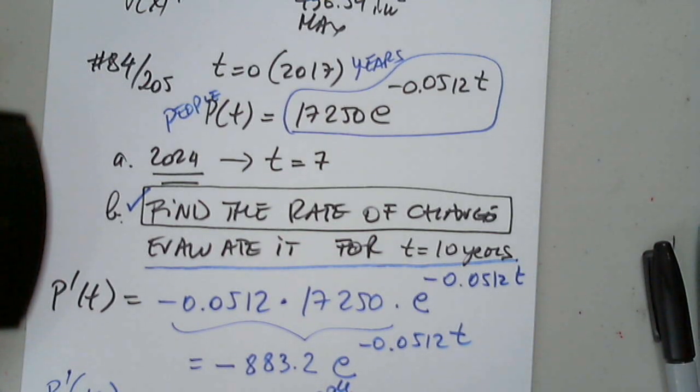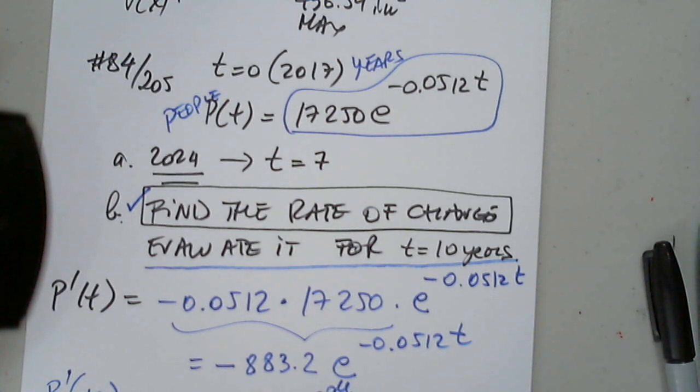So in y equals, clear. Let's put the function first. 17,250 e to the power negative 0.0512 t, close, and now the derivative, negative 883.2, of course, again, e to the negative 0.0512 t, and close.